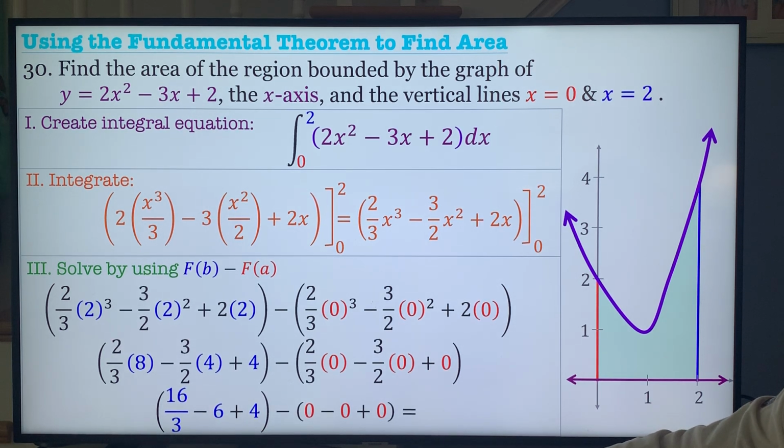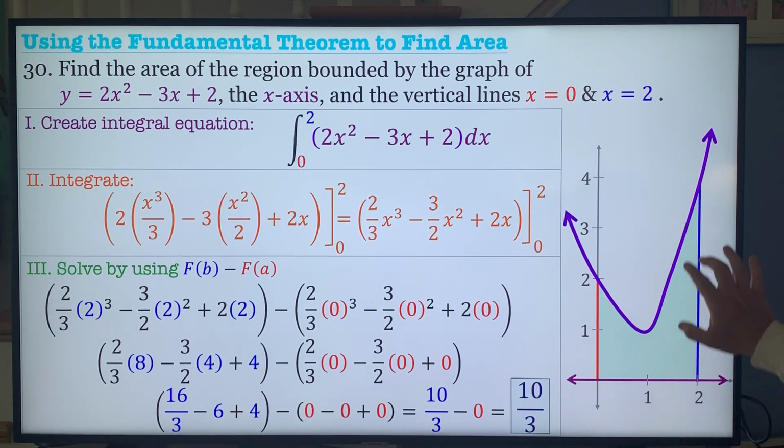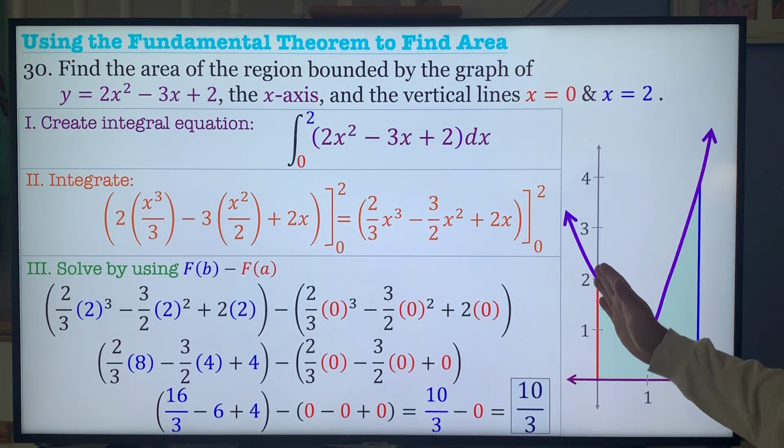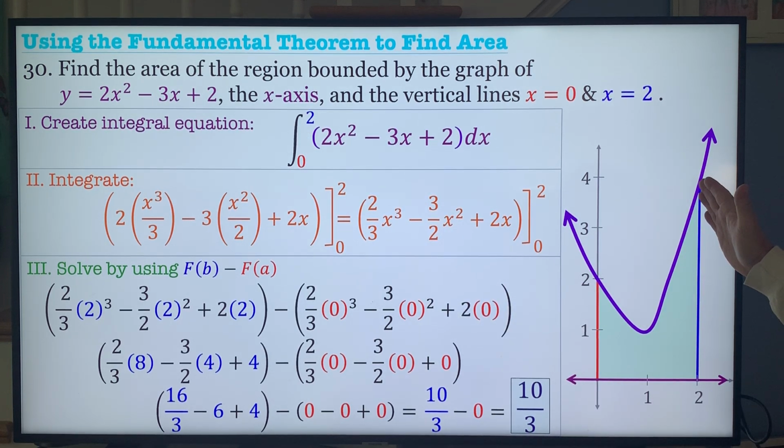Oh, there we go. 10/3 minus 0 is 10/3. 3 1/3. 3.33333 and a bunch more 3's. That is the area of this pale blue section, bounded by the x-axis, bounded by x equals 0, bounded by x equals 2. Good? That's it.